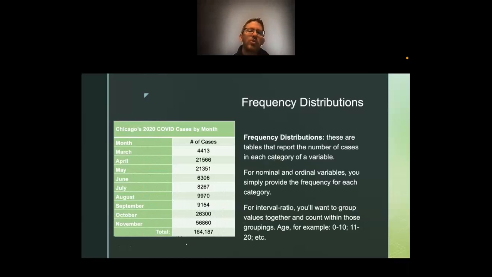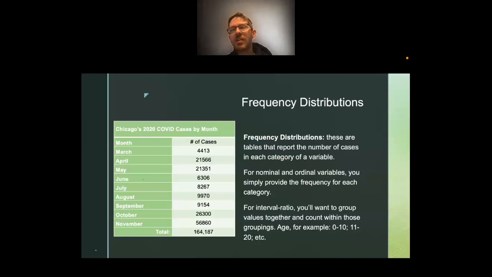Next, this is how we present data, in a frequency distribution. So a frequency distribution is just a table that is reporting the number of cases for each category of that variable. This is simple for nominal and ordinal variables because you take each category and you provide the frequency for each category.